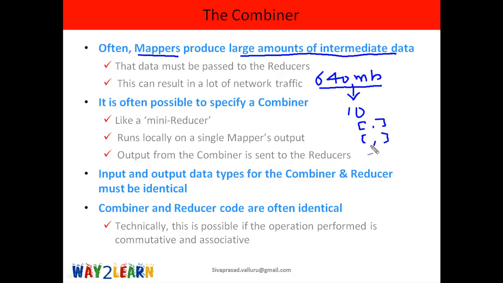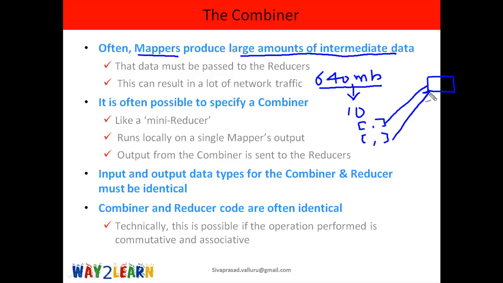Now after all 10 mappers are done, the reducer might be executing on some other slave machine. The output of all the 10 mappers has to travel over the network to the node on which the reducer is running.